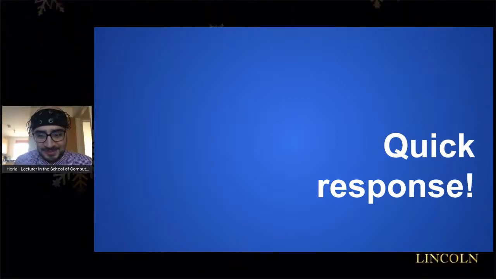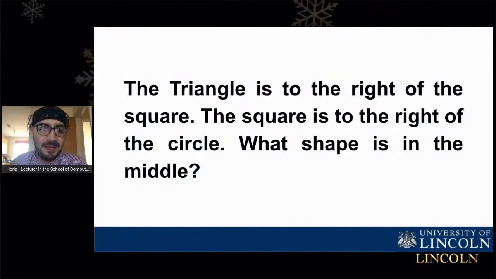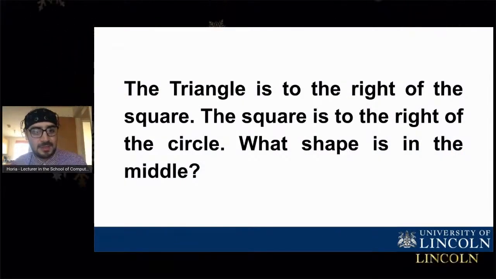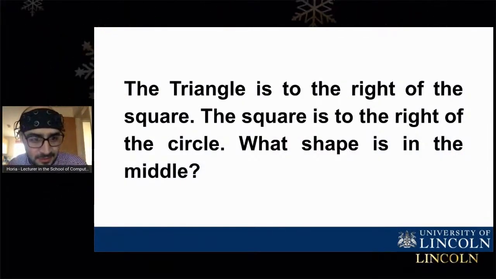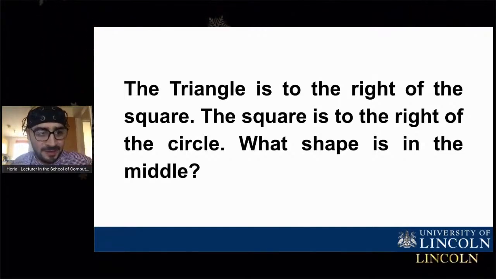The triangle is to the right of the square. The square is to the right of the circle. What shape is in the middle? Quick comments, please. Anyone?